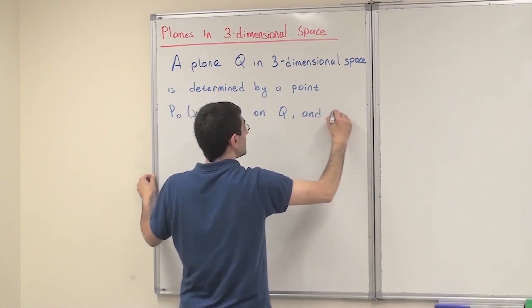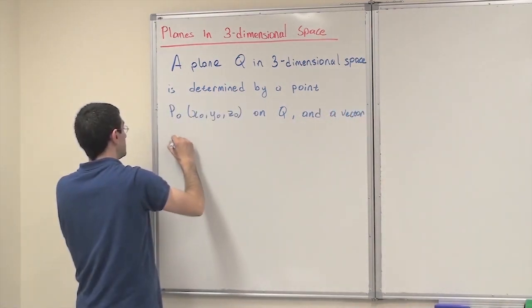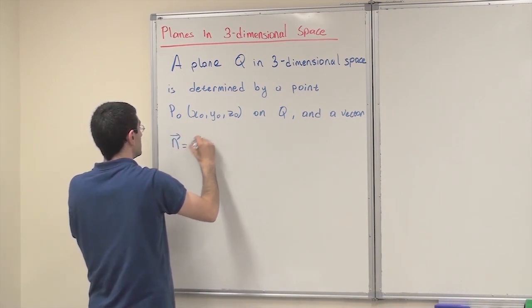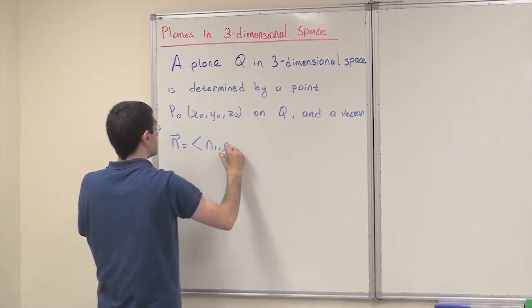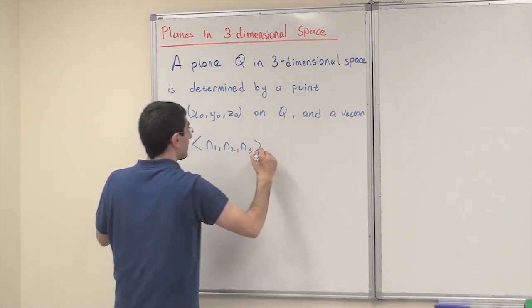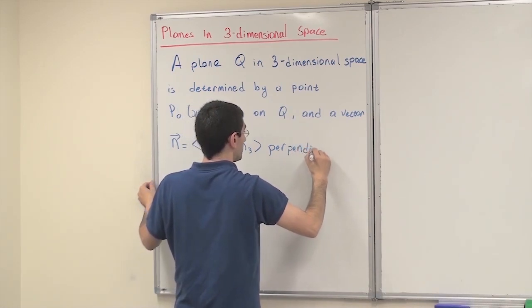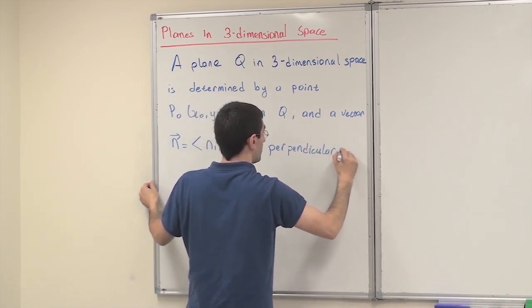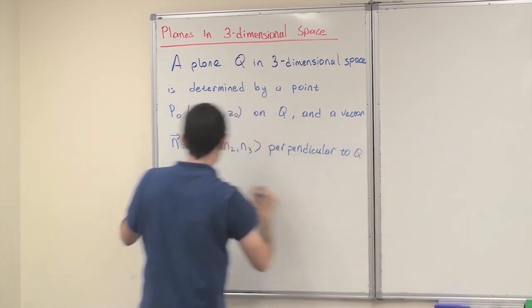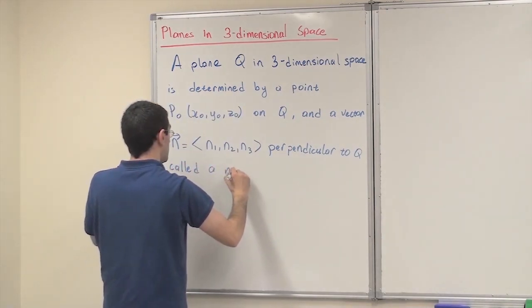and a vector, call it n, with components n1, n2, and n3, perpendicular to Q, and which is called a normal vector.